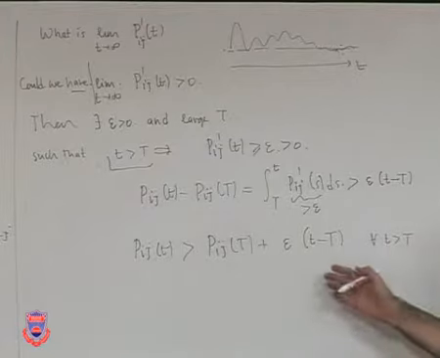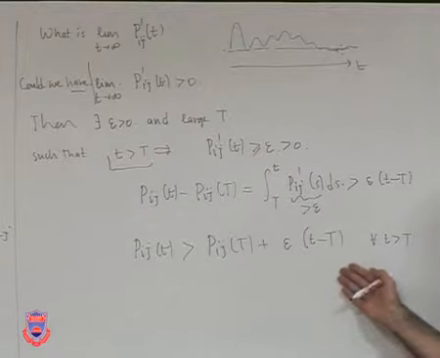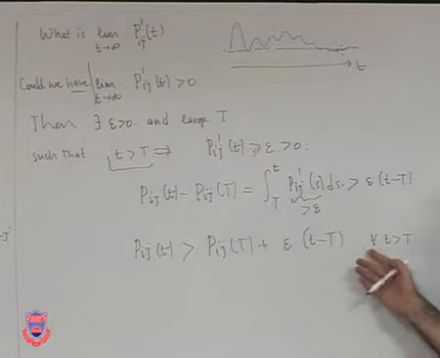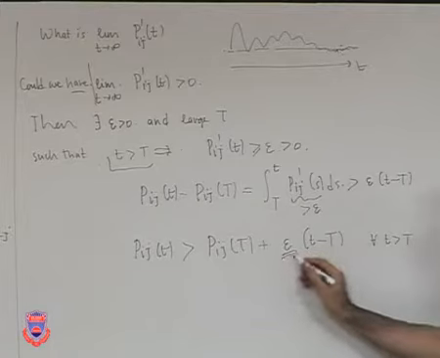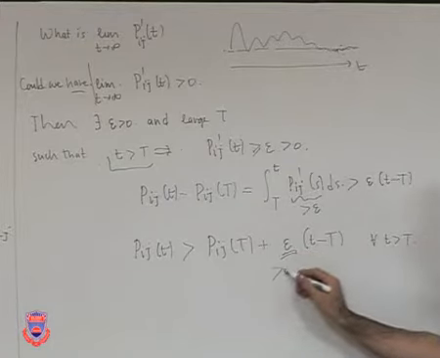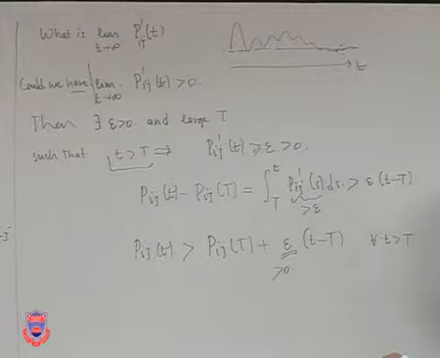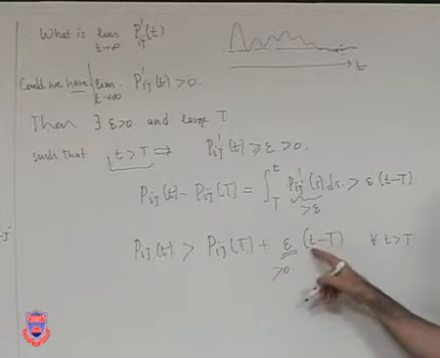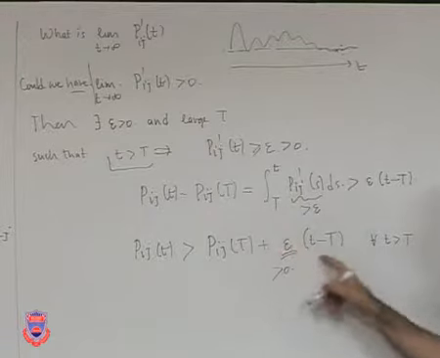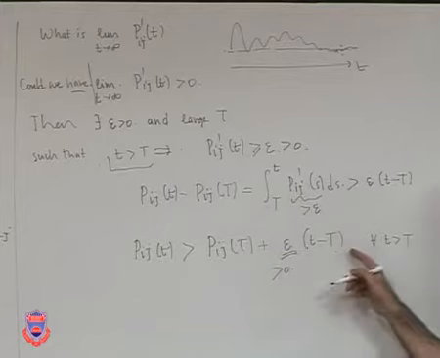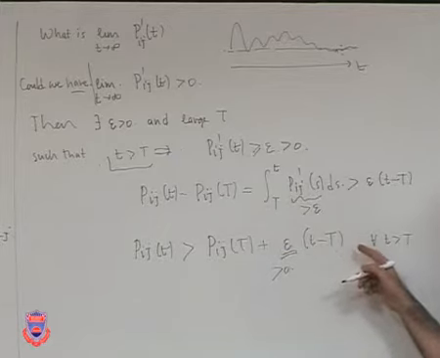But does this make sense? What does this imply? No matter how small epsilon is, since it is still strictly positive, you can always choose t large enough that this thing is going to be itself greater than 1. You can make that greater than 1.